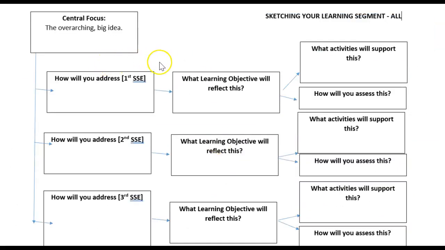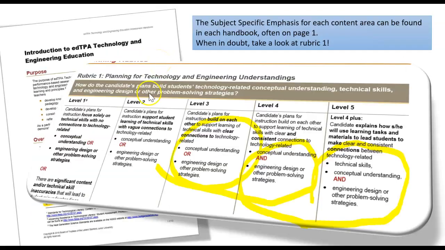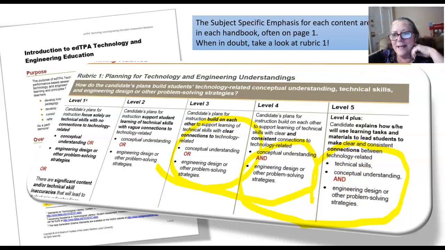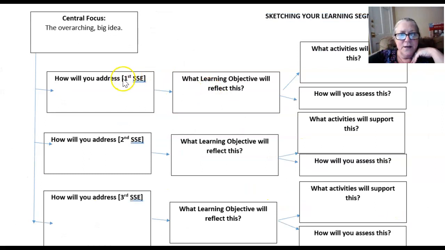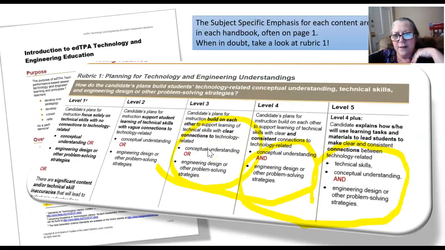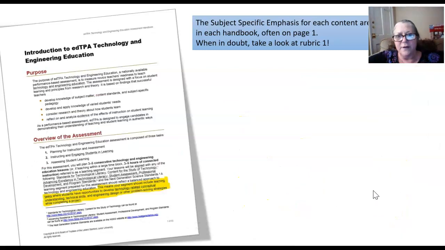So let's go back here. So let's say Tech Ed has, or that person who I'm thinking about is a he, that has 1, 2, 3 SSE in his handbook. So that first one was, I think, technical skills, conceptual understanding, engineering design, and problem solving.